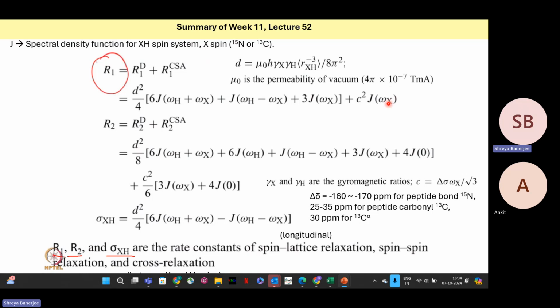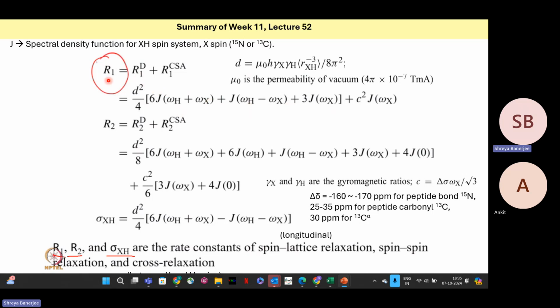frequencies. So normally a heteronuclear experiment is done. So you have 15N 1H or 13C 1H. So we will call the heteronucleus as X. So different combinations of frequencies are used. So you can have only omega x, so the spectral density function at the frequency of the heteronucleus, then the spectral density function at the sum of frequency omega h plus omega x and omega h minus omega x.